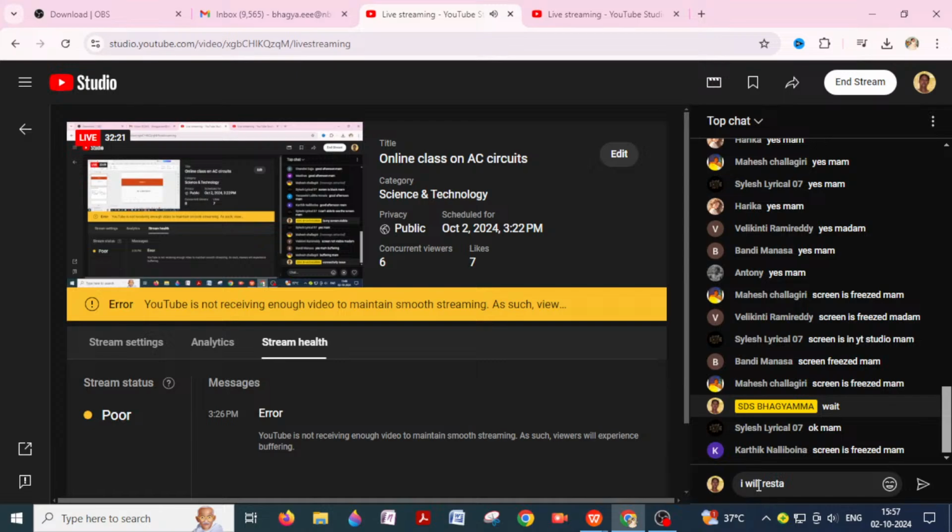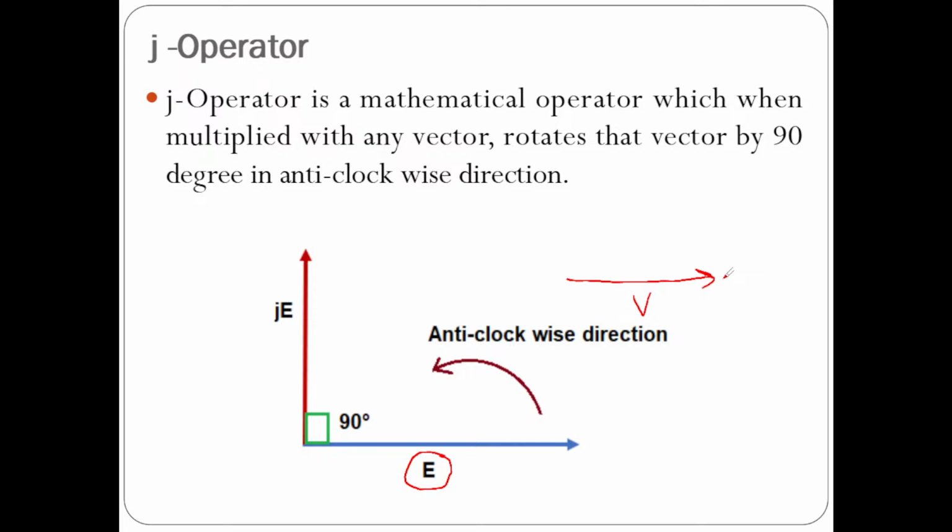J operator, let us see what is meant by the J operator. Take the x-axis. I have considered voltage V and drawn it as a vector.